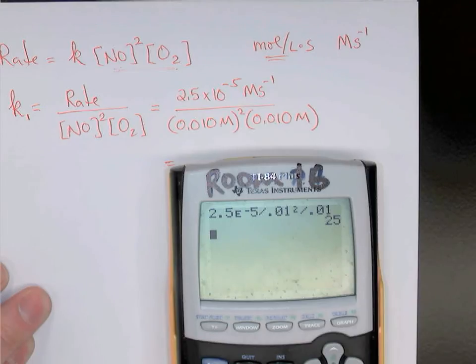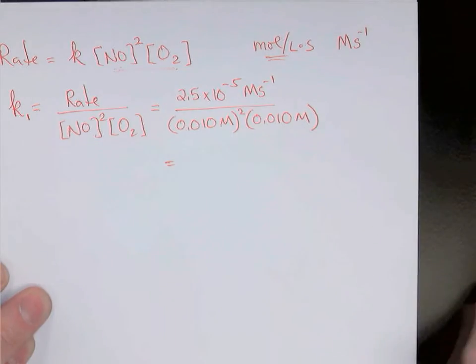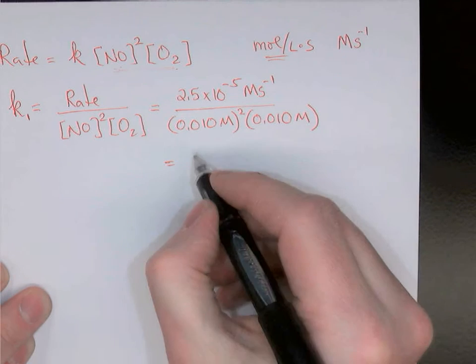Another way to do that would have been to type 2.5 times 10 to the minus 5 divided by, and then use brackets, 0.01 squared, and if you're going to use brackets, then now it would be times 0.01, and close the brackets, equals the same answer, 25. So my answer numerically is 25.